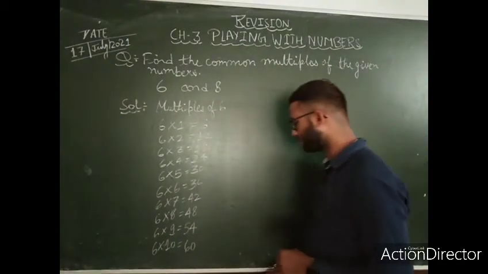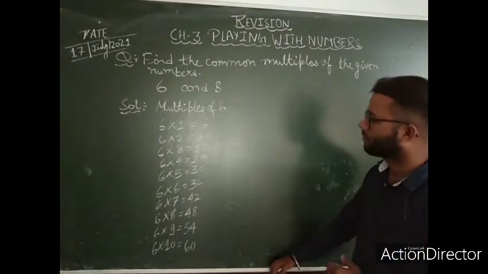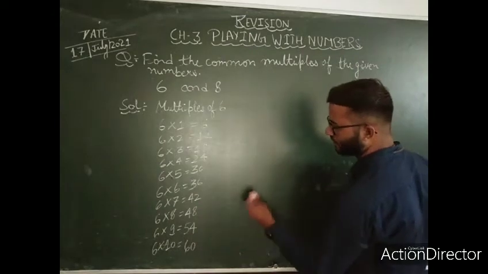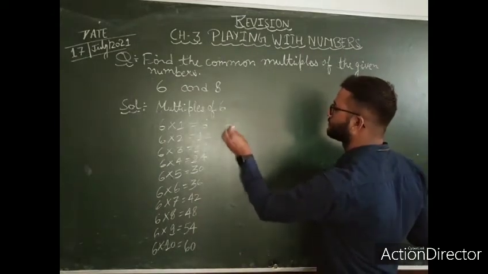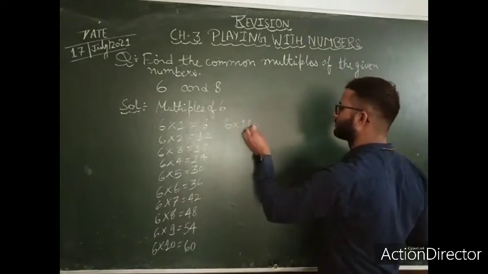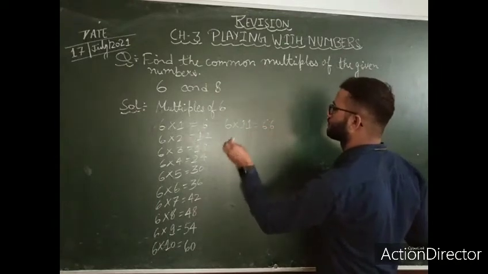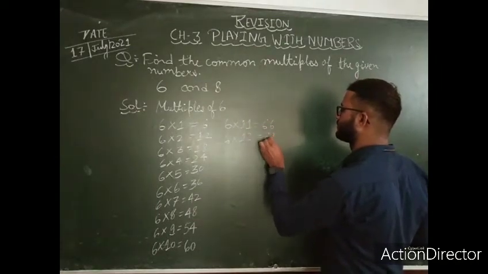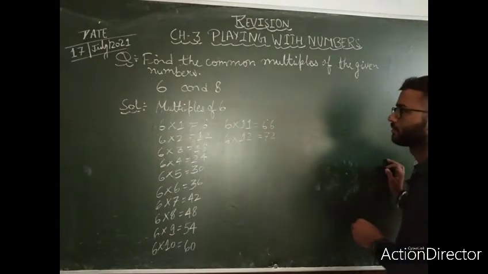Now here we find common multiples, so we write more multiples of 6 here. 6 multiplied by 11 is 66, 6 multiplied by 12, and you all know that 12 6s are 72, right?